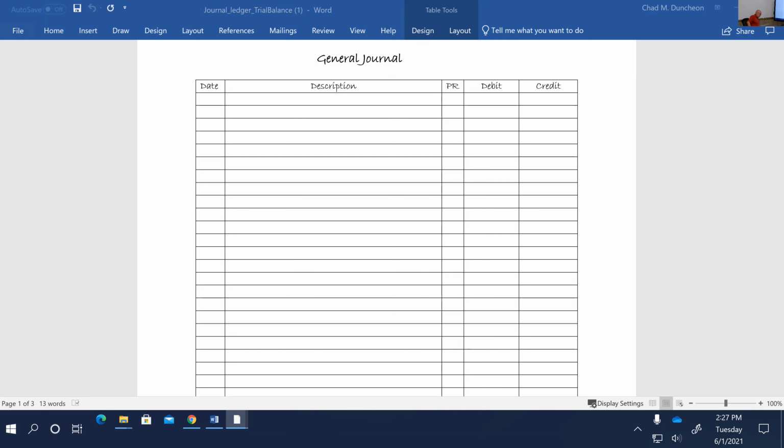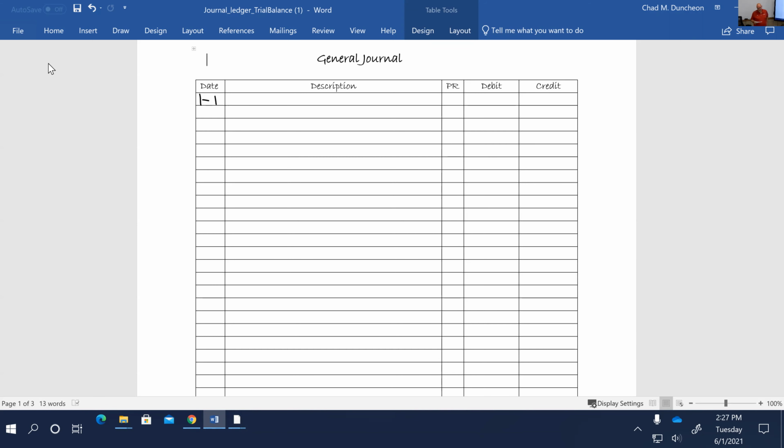Okay, so A, on January 1st. The first thing we do is put our date in there, 1/1. Gale borrowed $50,000 from First Street Bank by signing a note payable. So we're analyzing it here: the amount we have is $50,000.